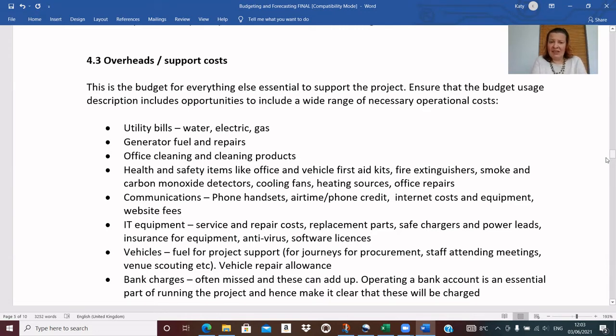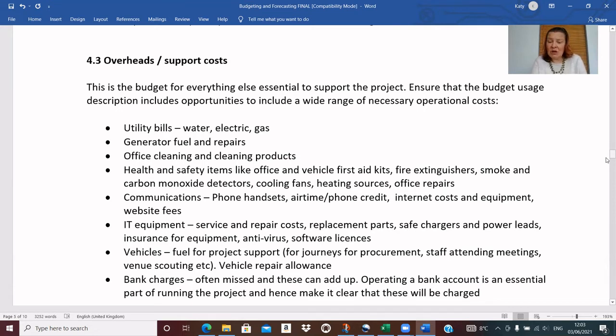So I've included here your utility bills, if you have a generator, your fuel and repairs that will keep the office running, office cleaning, health and safety items. Very important that your staff are working in a safe and secure environment. So costs that contribute towards that health and safety environment are eligible.